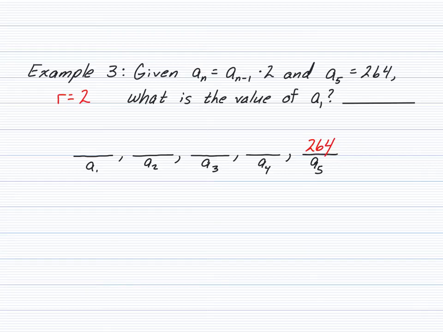Now, from this, we know that if we take that first term and multiply it by our common ratio 1, 2, 3, 4 times, so that means a sub 1 times r to the fourth power, that is going to give us 264. Well, we know that the common ratio is 2, so 2 to the fourth power is 16.